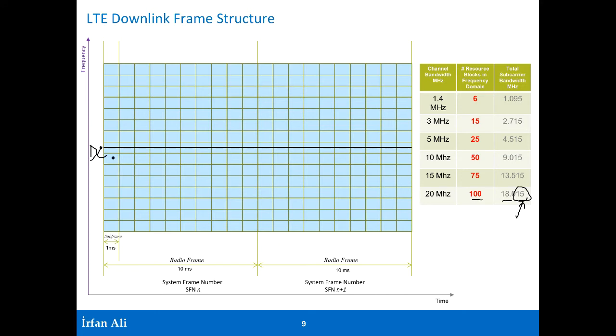This is called the DC subcarrier, and there is no information carried in this subcarrier, because when you bring it down into the baseband, it is at 0 frequency. So 0 frequency essentially means no signal is being sent in this subcarrier. All of these are padded by 15 kilohertz, and that's why you get numbers which are not very round.